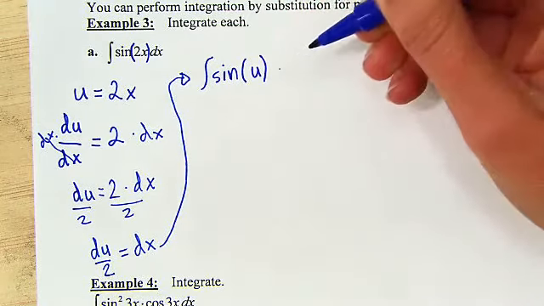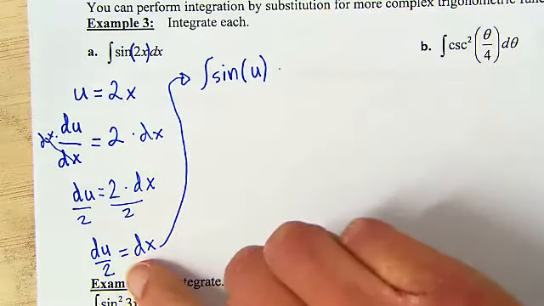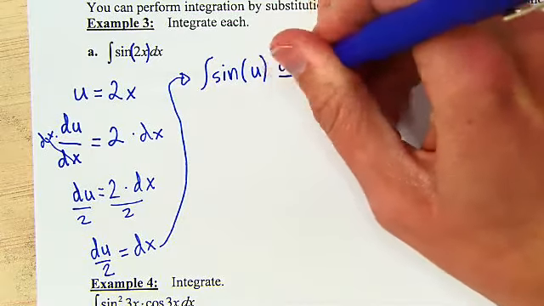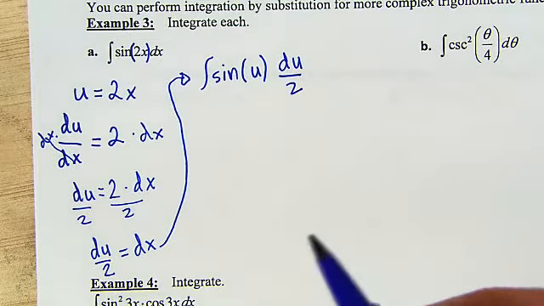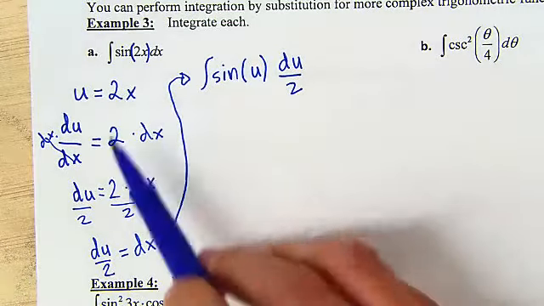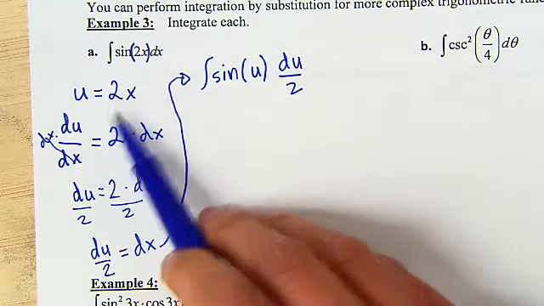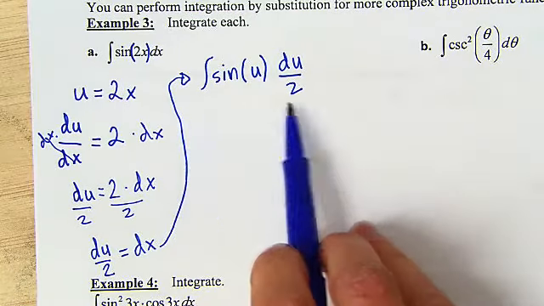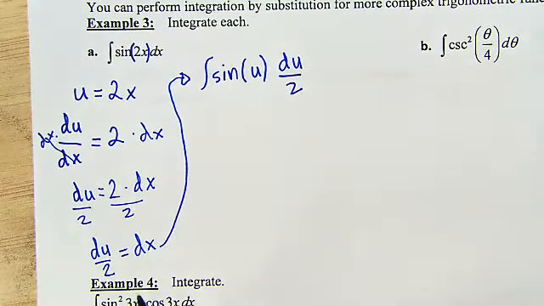And then that dx, I'm replacing with what I got my dx to be: dx is equal to du over 2. Okay. So we're not done yet, but just to clarify, we set u equal to our inside equation. We then took the derivative of u, got the dx by itself, and then rewrote our integral using u's.